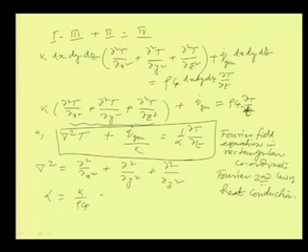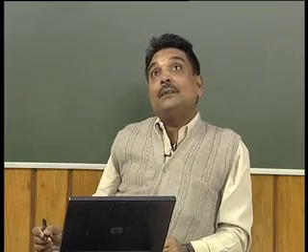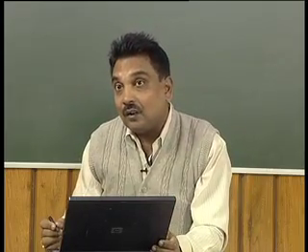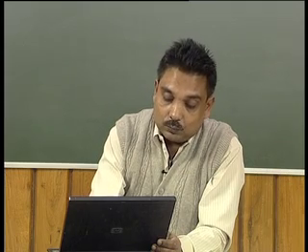This is also called thermal diffusivity. It has a unit of meter square per second in SI units. This thermal diffusivity is similar to momentum diffusivity in fluid mechanics. They have similar physical significance, like nu, which is mu by rho.